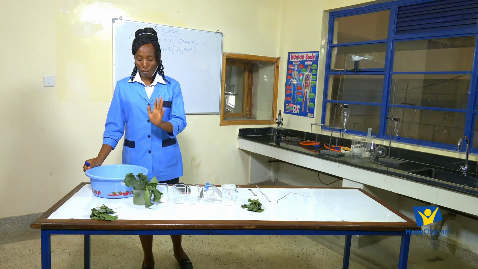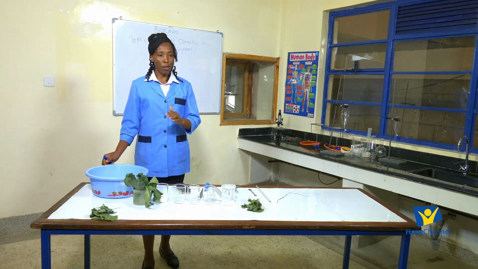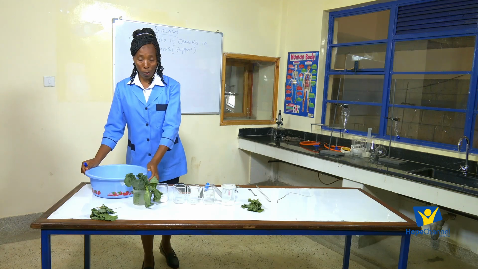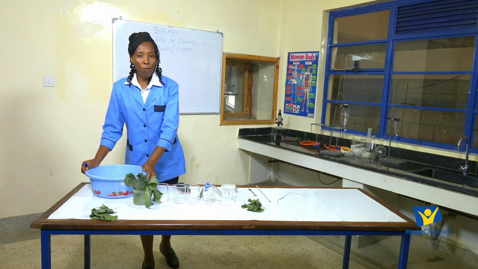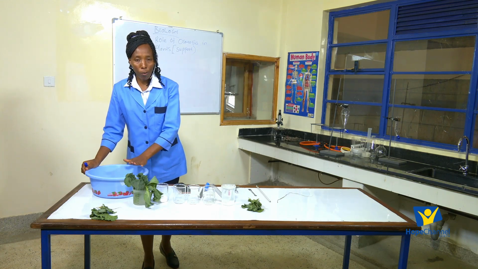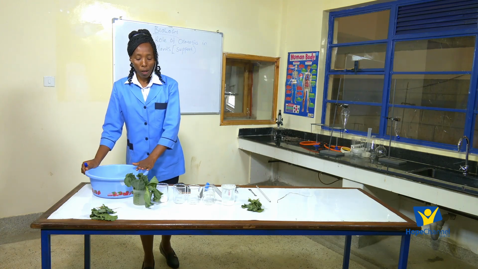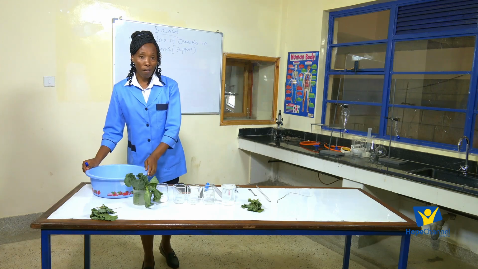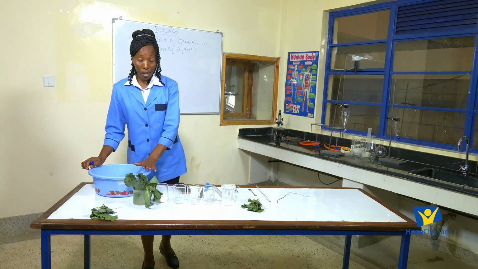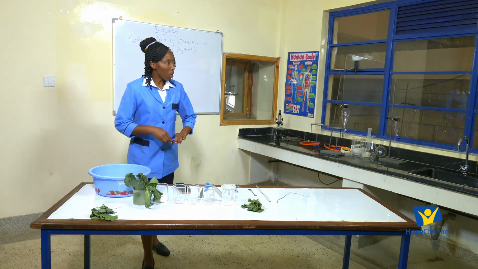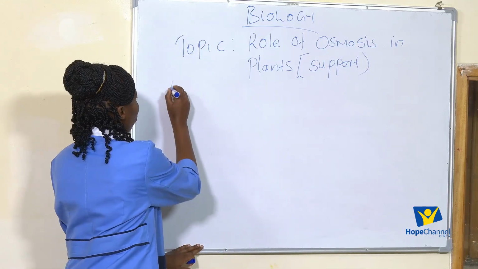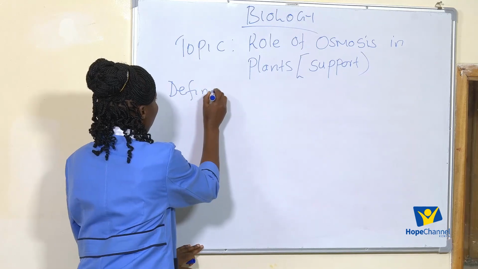Most of the sellers in the market who have vegetables that they want to sell, mostly you find that they have a bucket of water beside them. So today I want us to understand more, why do you think they must have a bucket of water beside them? Now, when we talk about osmosis, I want us to understand the definition of osmosis.